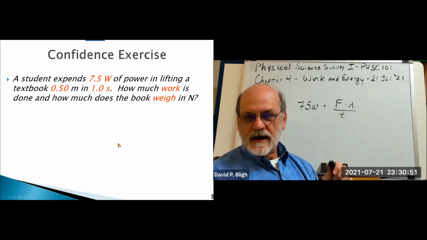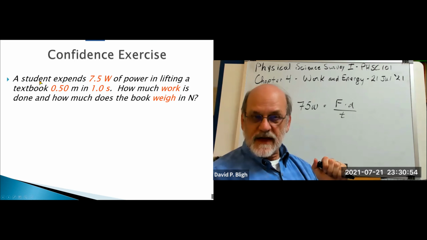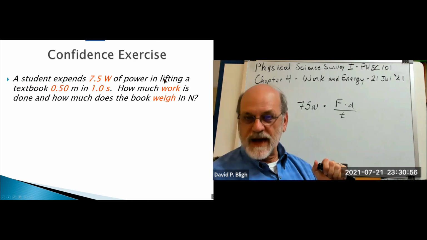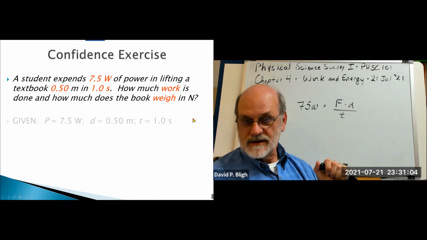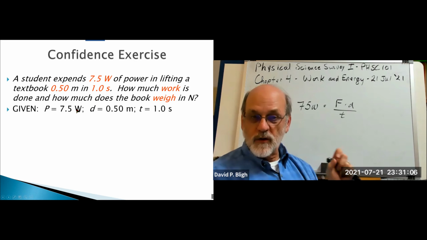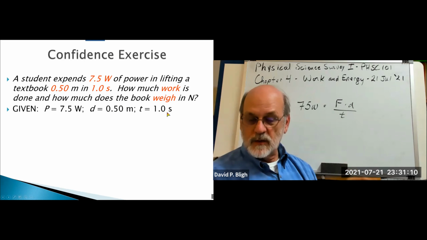Okay, so in this case, we're saying that a student expends 7.5 watts of power in lifting a textbook half a meter in 1 second. How much work is done, and how much does the book weigh in newtons? So we know the power that's required, we know the distance that it's moved, and we know the time. So we need to find work first, and then we want to find the weight.